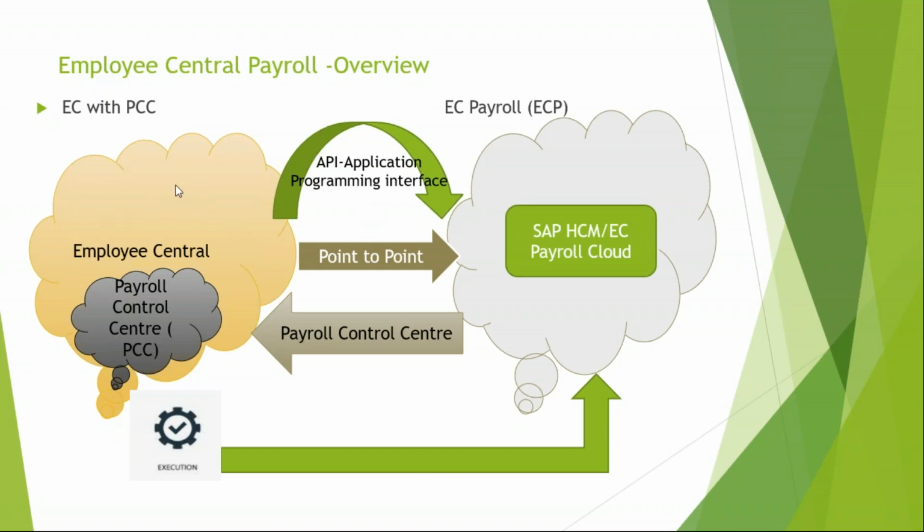For that, we should have RBP access in the EC system, so that using the user ID and password, your system instance ID, and your API data center URL, you can call the data from EC to ECP.